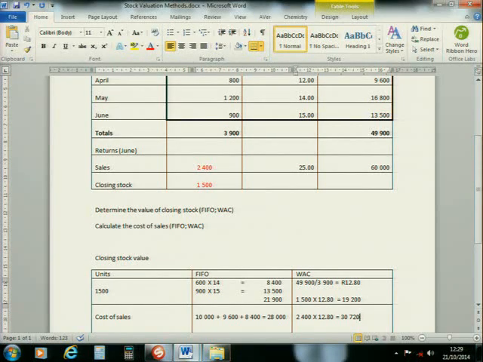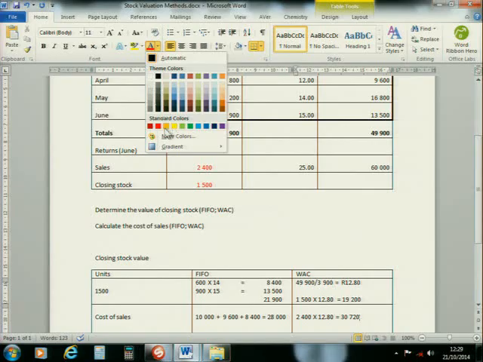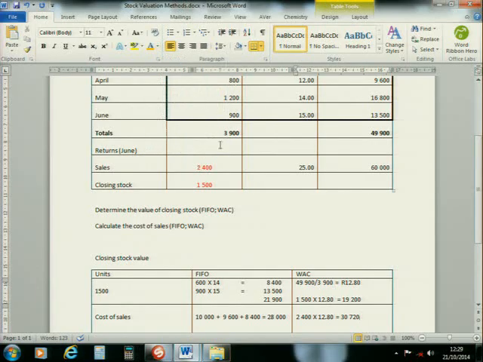Quickly, with the last few minutes, I want to explain something here. Let us say you have your returns sometime in June of, say, 500 units were returned in June.